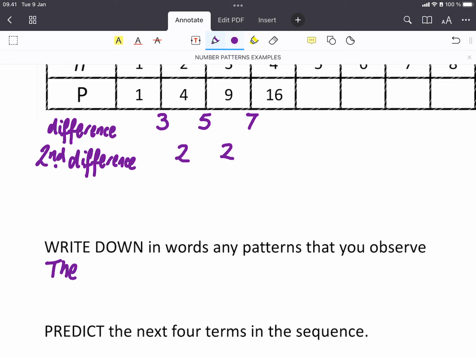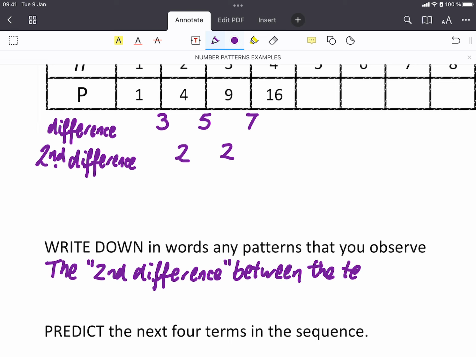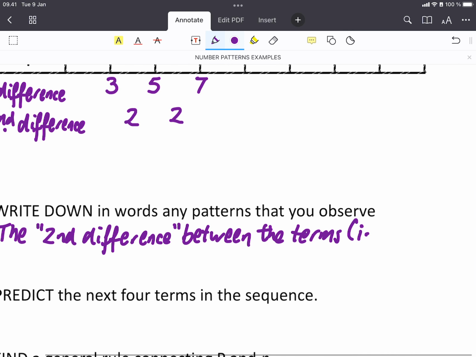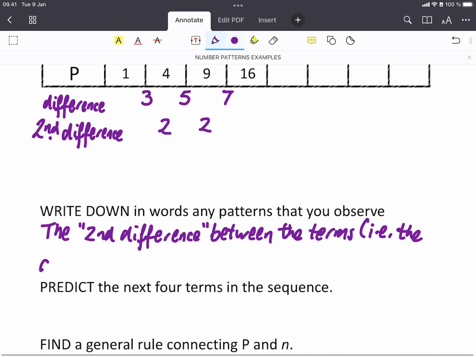So we can write the second difference between the terms, if you like, i.e. the differences between the differences.